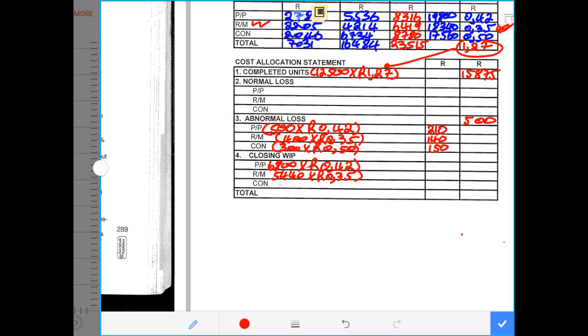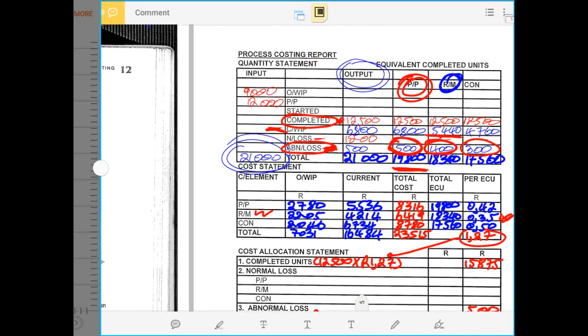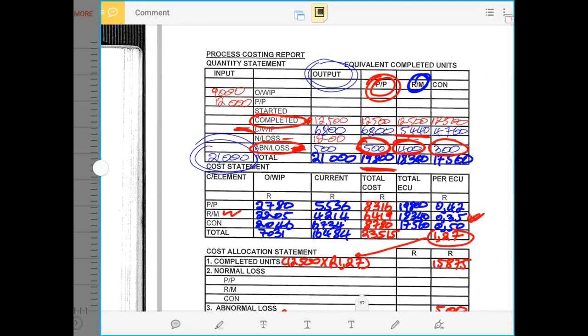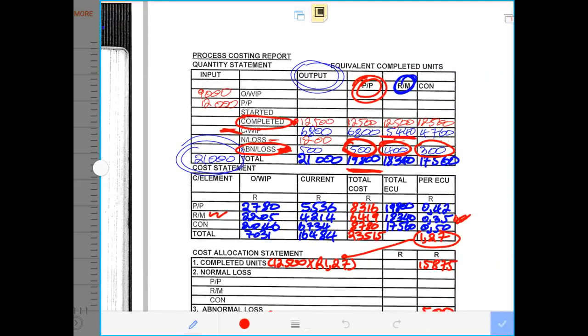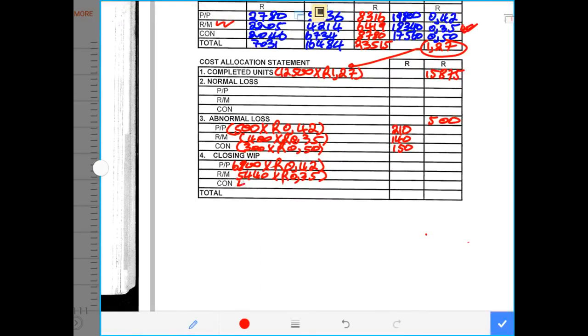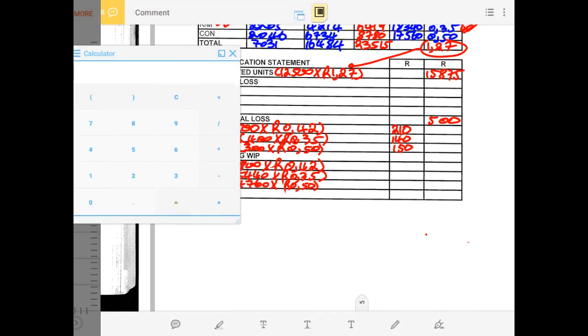Then we multiply the closing units with regard to conversion cost, there it is stated, we can see it is 4,760. So now we say 4,760, multiply that by 0.50 cents.